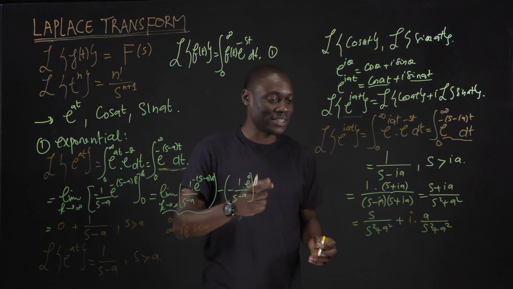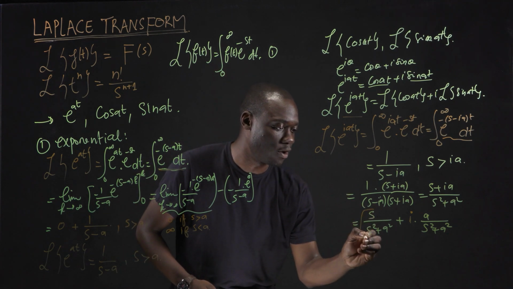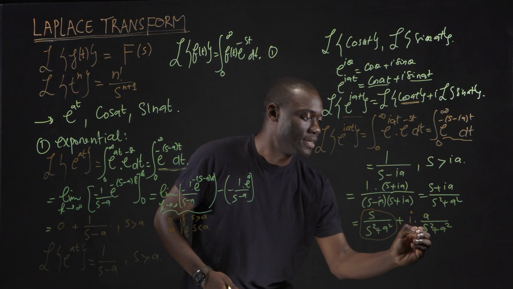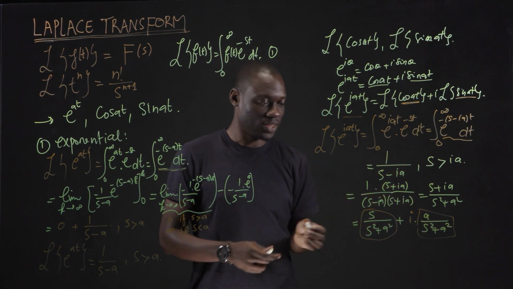So what do I see? By inspection, this is the real part of the expression, and it corresponds to cos at, and this is the imaginary part, which corresponds to sine at.